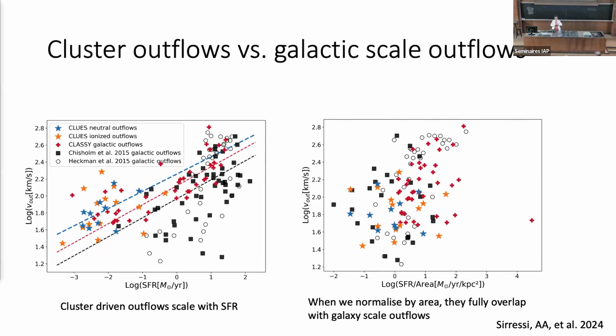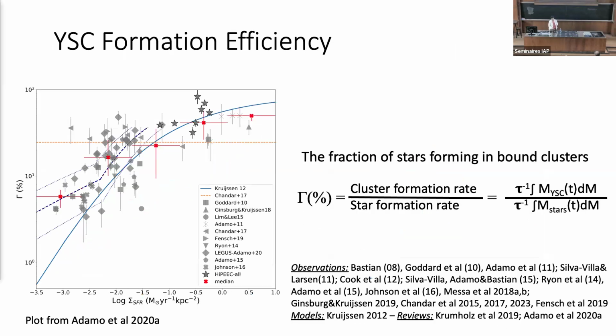So essentially, you can imagine the mechanical energy produced by a star cluster is a normalization of what happens in the galaxy when you have hundreds of star clusters paired up together. I hope this is important information, because when we look at other galaxies at high redshift, it's important to look at what is happening within galaxies if we want to understand their outflows.